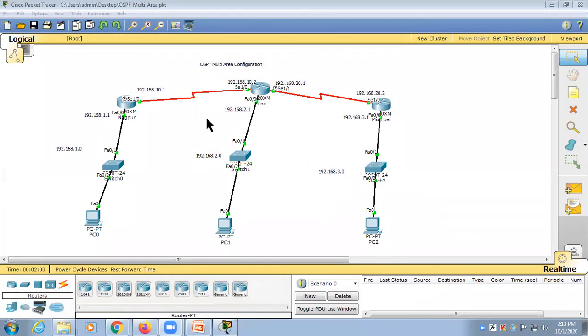Now, for multi-area configuration, or any routing protocol or routing mechanism, we first have to set the IP addresses. So we have set the IP addresses over here, guys. On the Nagpur router, we have set the IP address on the serial interface as 10.1, and on the FastEthernet 1.1. On the Pune router, we have set 10.2, 2.1, and the third interface 20.1. On the Mumbai router, we have set 20.0 and 3.1.